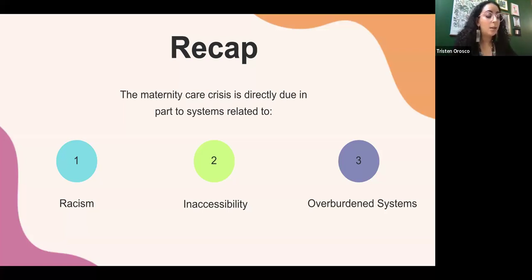And number 3, an overburdened system. Our healthcare system is falling apart. There are closures happening all across California and the United States. There are doctors that are no longer practicing obstetrics and instead only focusing on gynecology. Practice is based in a fear-based way and a non-evidence-based way.